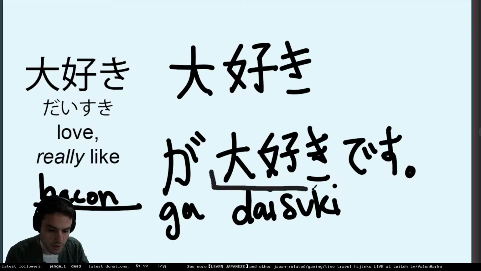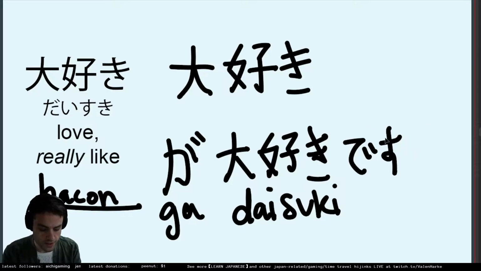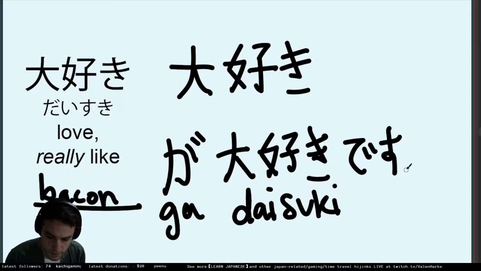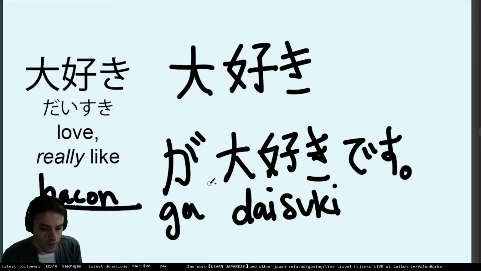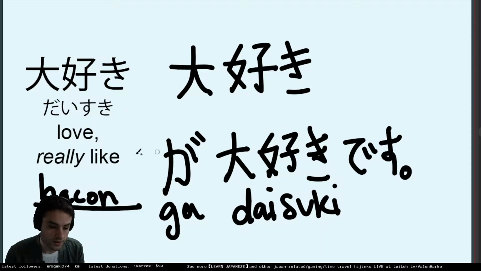It's still kind of a bucket, right? Ga something desu. But we're not saying is in this case. And it's very confusing, I know. Let me put that back. You're gonna see the bucket and you're gonna wanna say is, right? But that's not what's going on here. And this is gonna be the first one that's gonna start tripping you up.